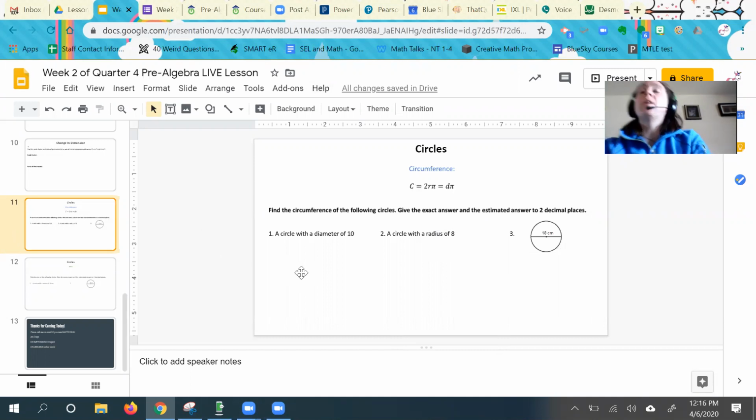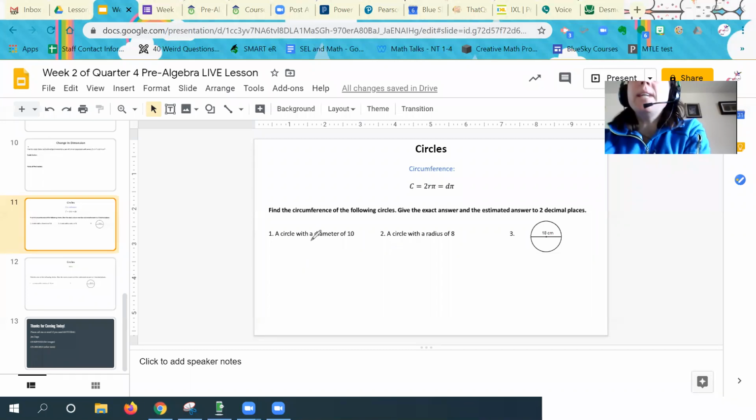So first one is we have a circle with a diameter of 10. Because they gave us a diameter, we're going to take that 10 and multiply by pi.